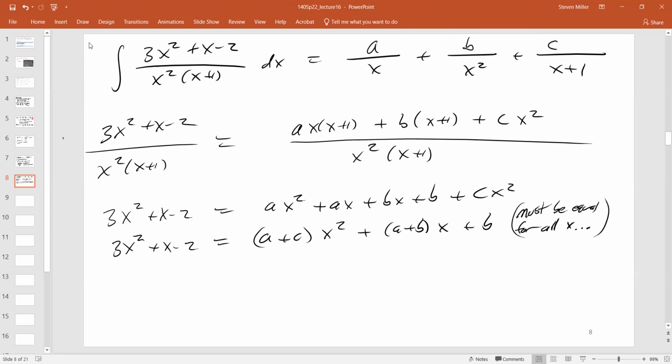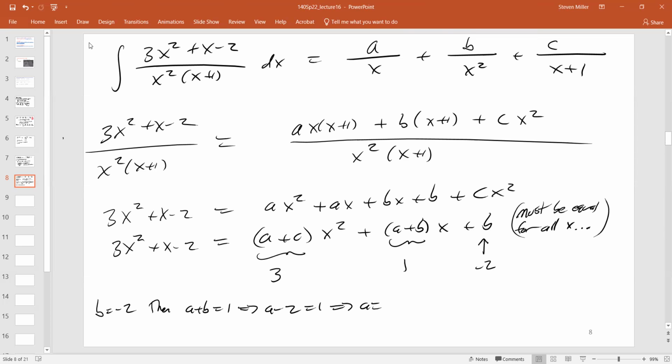So we get b is -2, we get a plus b is 1, and we get a plus c is 3. Okay, which is the easiest equation to solve? Yeah, give me that b equals -2. I'm going to start with that one. So we get b equals -2, then a plus b equals 1 becomes a minus 2 equals 1.